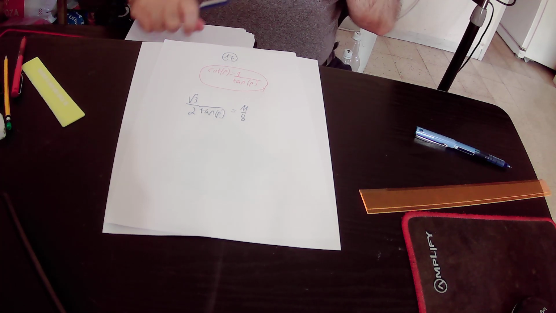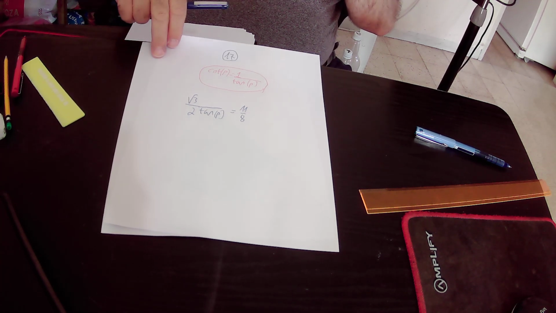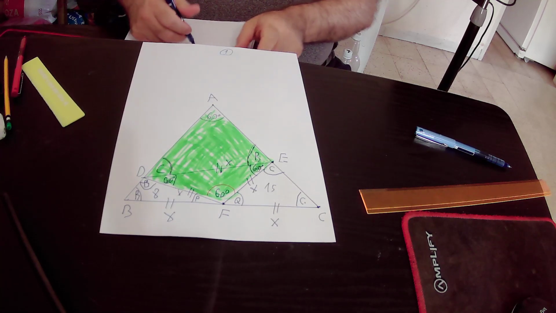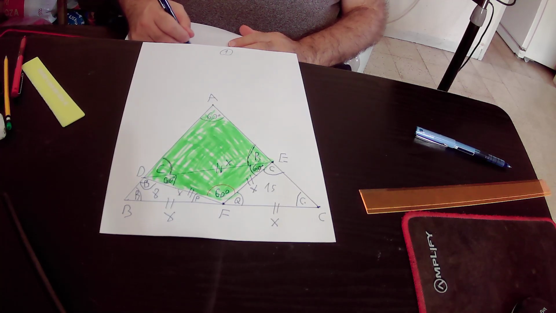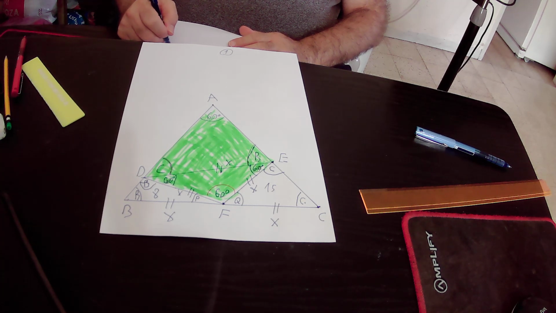Here we will multiply this equality by tangent p, and we will get that root 3 over 2 equals 11 over 8 times tangent p.